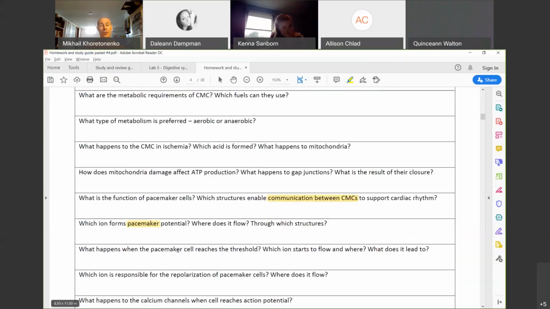When the pacemaker potential reaches the threshold, calcium channels open and calcium starts to flow into the cardiomyocyte. That leads to a very rapid depolarization and action potential. Pacemaker cells are repolarized through the efflux of potassium, which flows from cardiomyocytes outside.